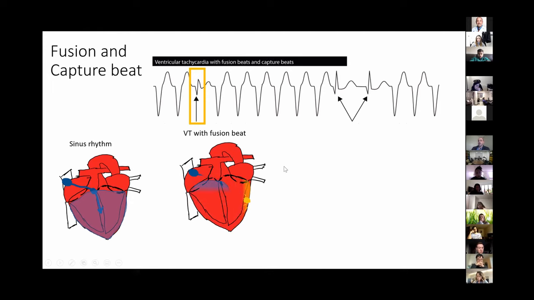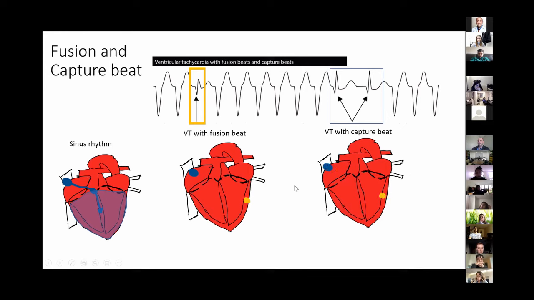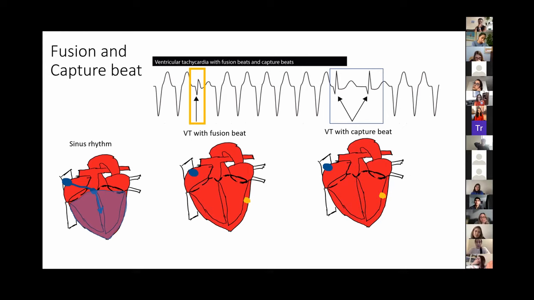Capture beat is just an extreme end of the spectrum of fusion beat, meaning that the timing was so lucky that you actually got to depolarize a significant amount of your ventricular myocardium through the sinus node and the AV node in a normal conduction system.